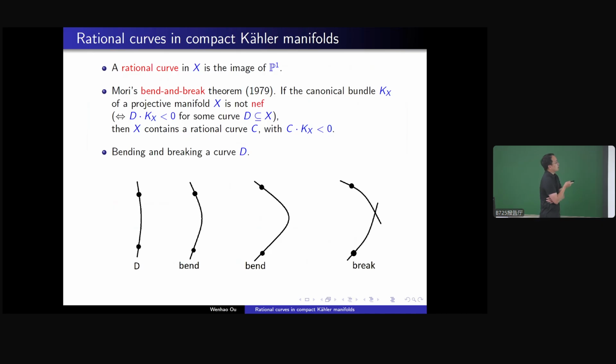Mori's Bend-and-Break theorem proceeds very geometrically as follows. Imagine that we assume this intersection number is extremely negative, not just negative.